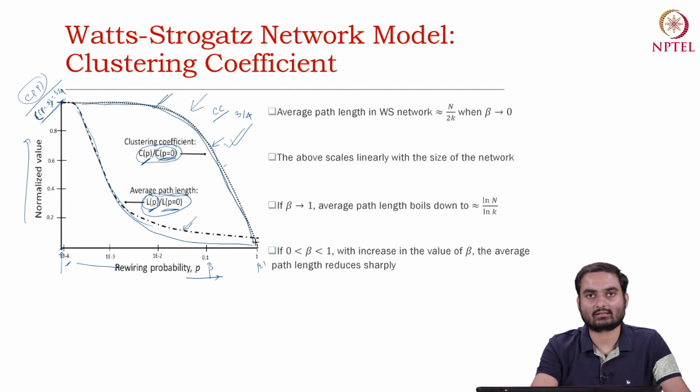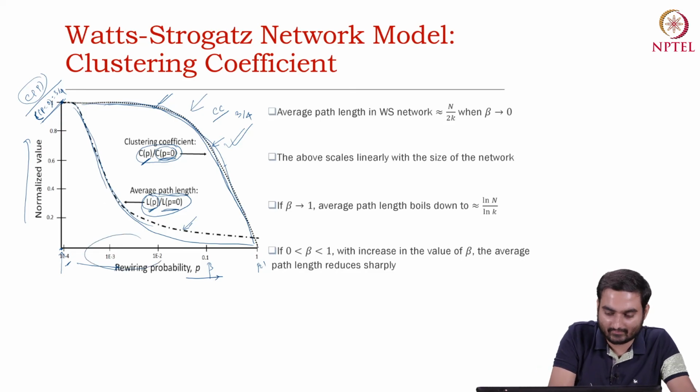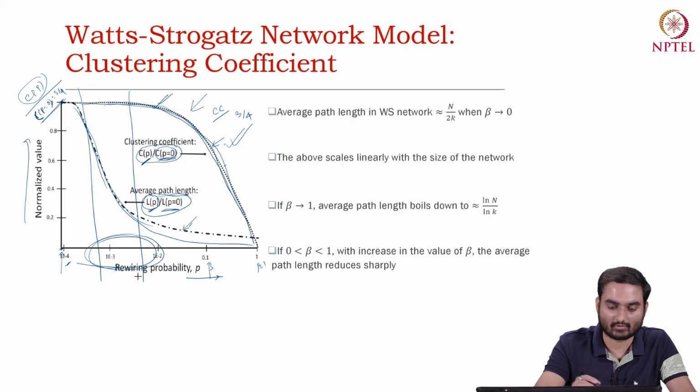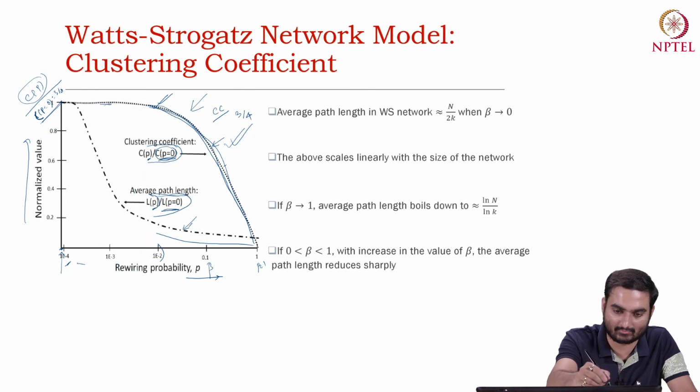Okay, both the curves are decreasing, but the way these two quantities are decreasing is different, right? So clustering coefficient is decreasing slowly, whereas the average path length is decreasing suddenly. So in this region of p, let's focus on slightly left part of it.